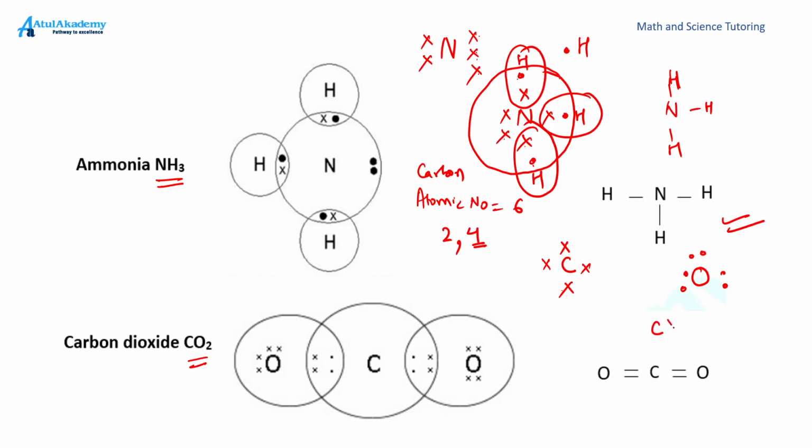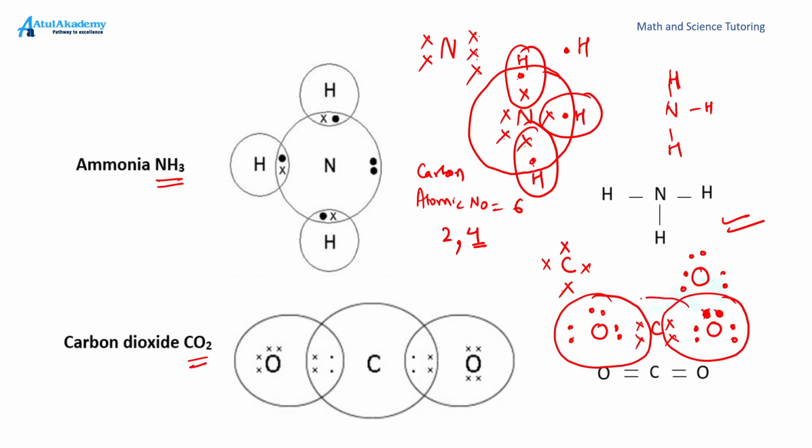So let's say carbon has 4 electrons in the outermost shell. So it will share 2 with this oxygen element, and it will share 2 with this one. So if we see over here, the oxygen got 8, this oxygen also got 8, and carbon total will also have 8.